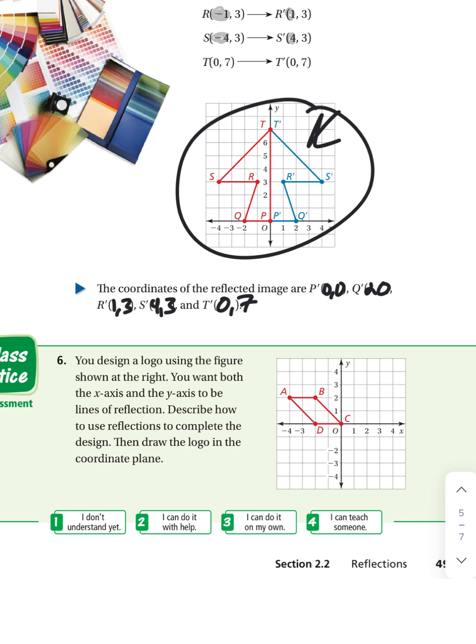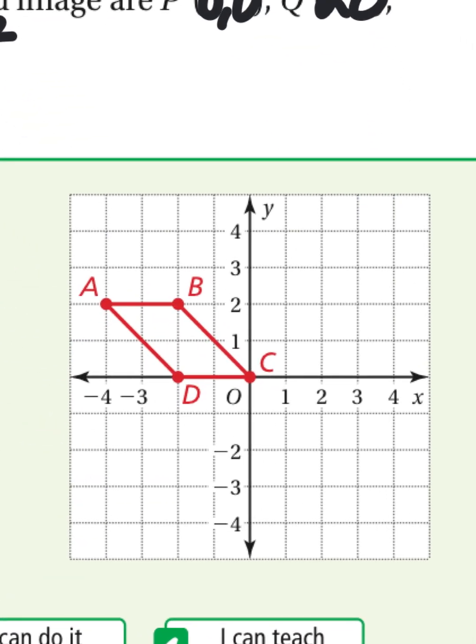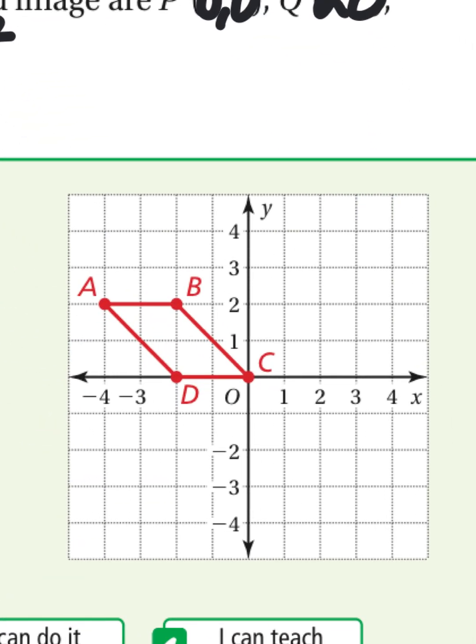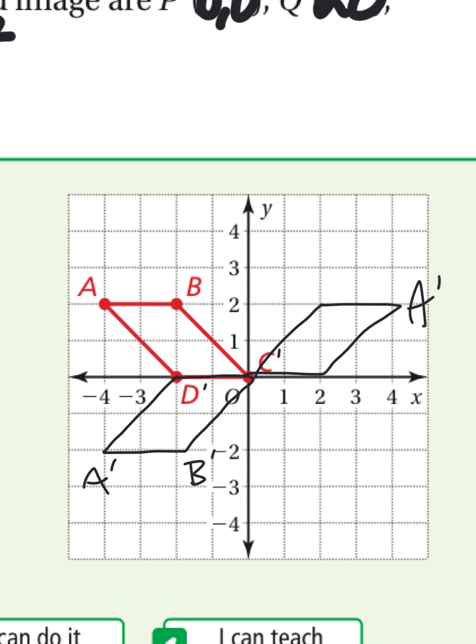So there should be 3 images on this graph after you're done. All right, one is going to look like this. And then one is going to look like this. So this one is A, D, B, C, and then this one is A, B, D, C.